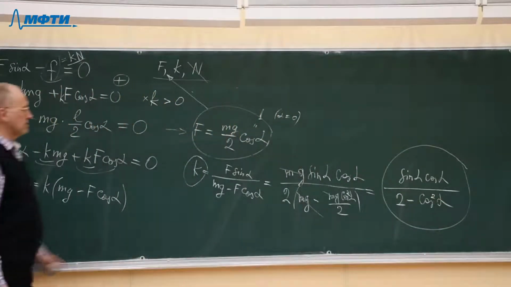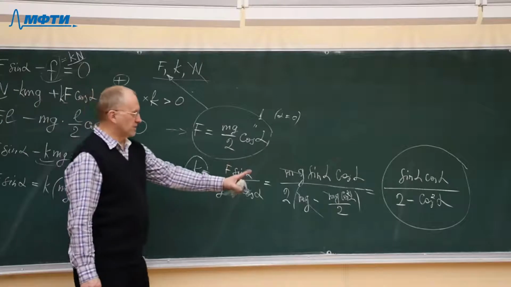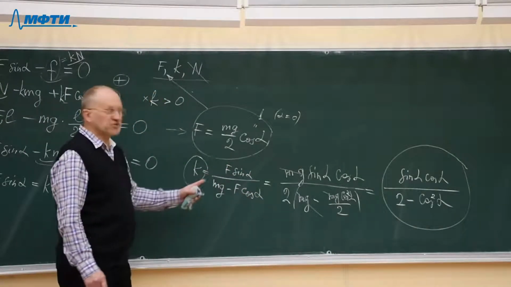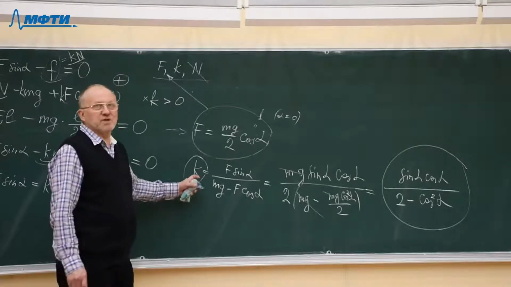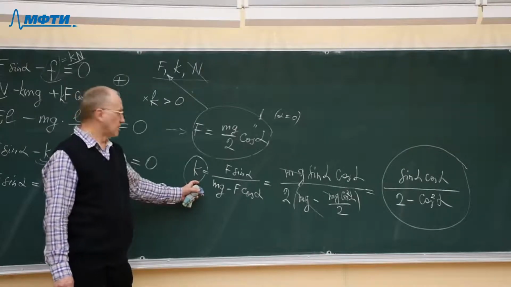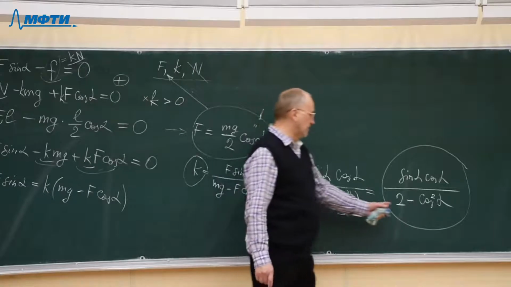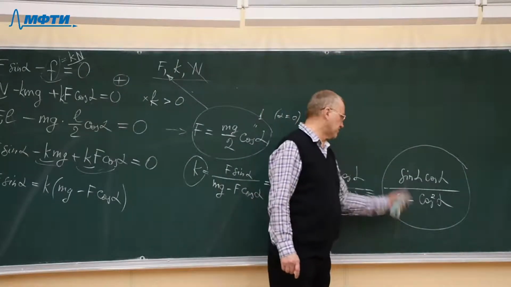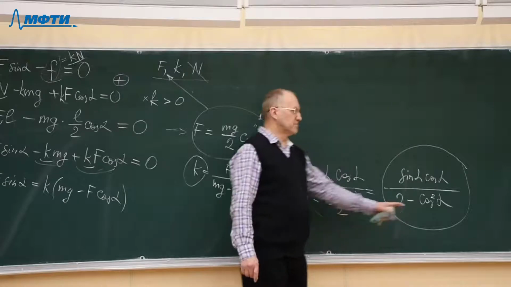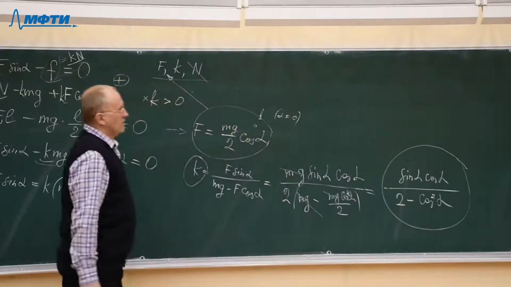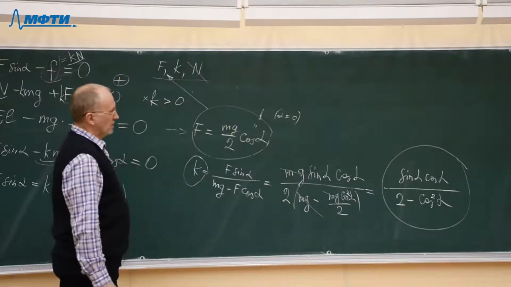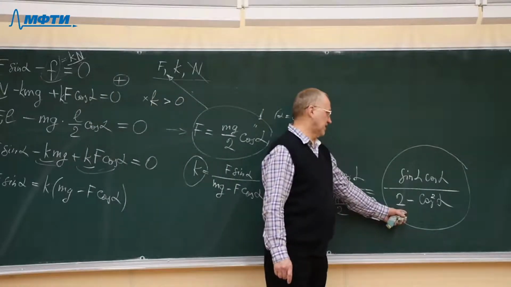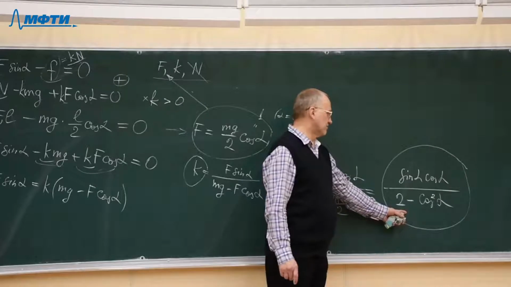So again, to analyze this solution, we have to check the dimension. Coefficient of friction is a dimensionless quantity. And the formula obtained is also dimensionless. No units of measurement, just the number. That's okay. And now we have to analyze it for a physical sense, a physical reason behind it.